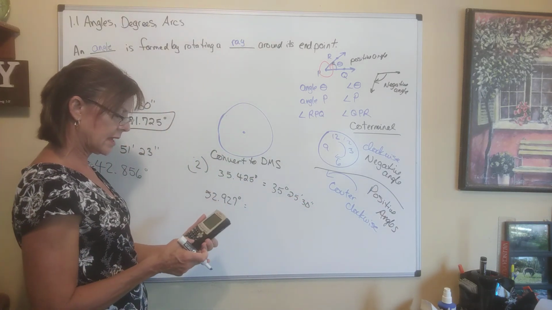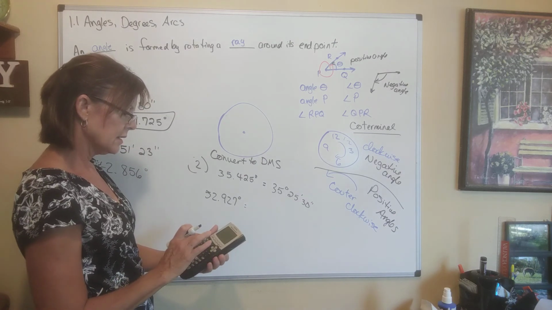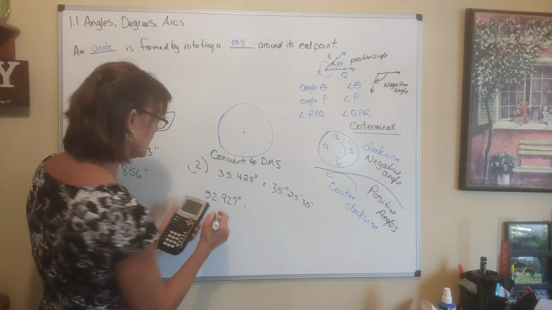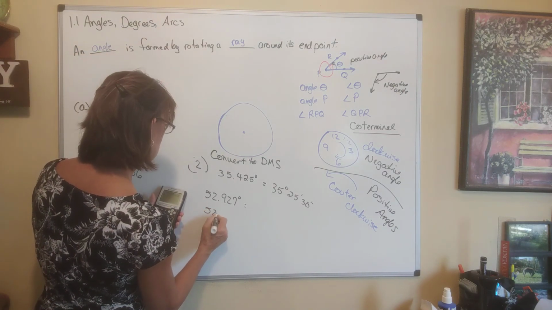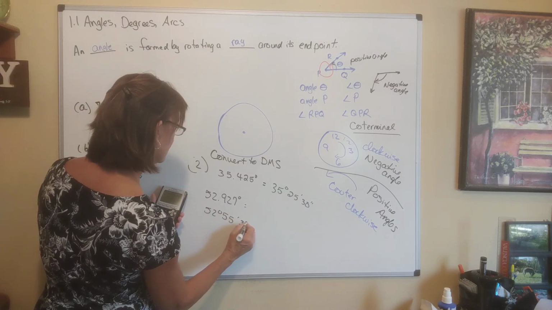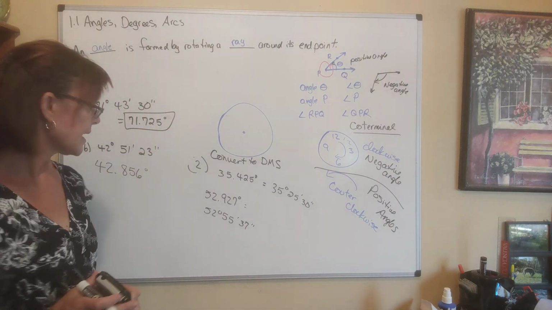And then I'll do the second one here, 52.927, second, angle number 4, gives me 52 degrees, 55 minutes, 37.2 seconds. I'm just going to say 37 seconds.